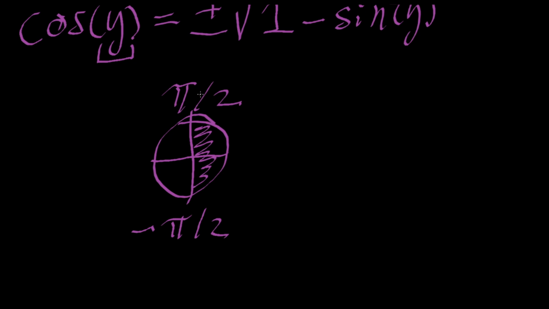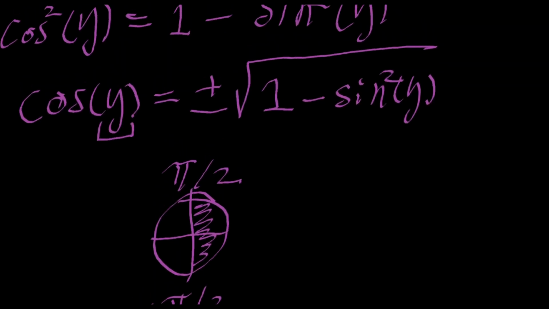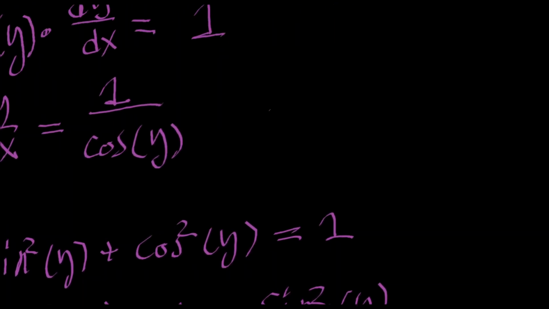But notice, if we take cosine of any of these angles, it's always positive since it's always on the positive side of the x-axis. So we may just ignore the negative root and just say that cosine of y is equal to the square root of 1 minus sine of y squared. So let's plug that back in.